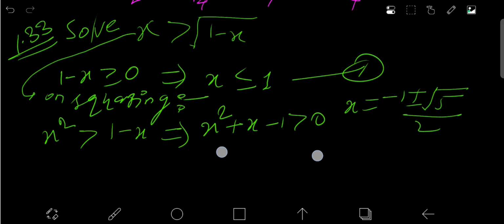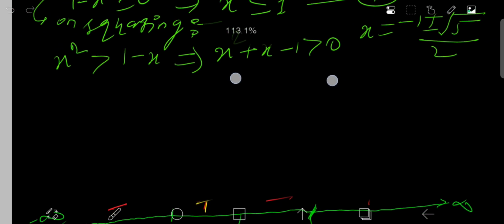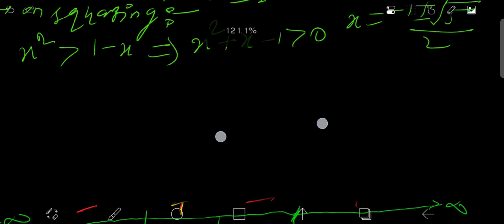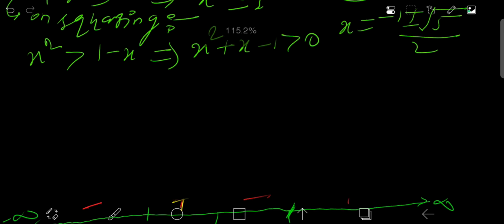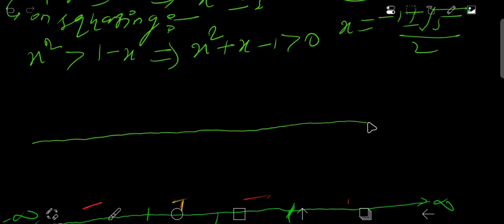Now we draw a real number line. This side is plus infinity and this side is minus infinity. And which root is smallest? Minus 1 minus root 5.